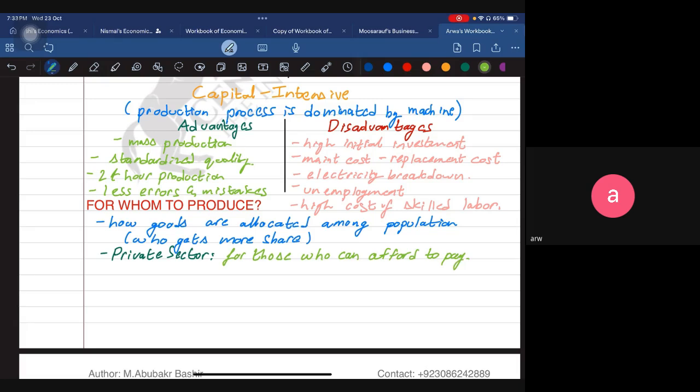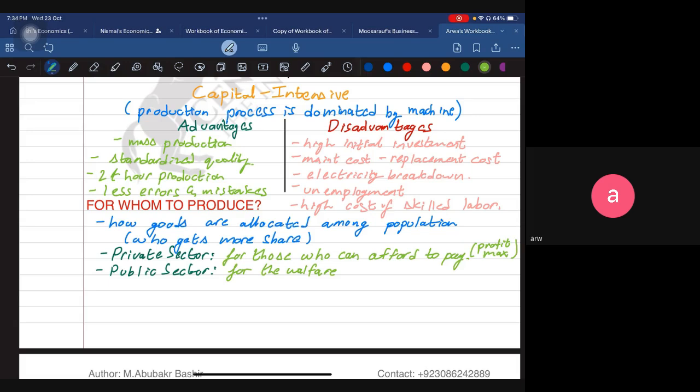But whereas the same thing that you were also talking about, the public sector. Public sector is basically going to, for their aim is the welfare, and the other one's aim is the profit maximization. So let me just write it in bracket, profit maximization.